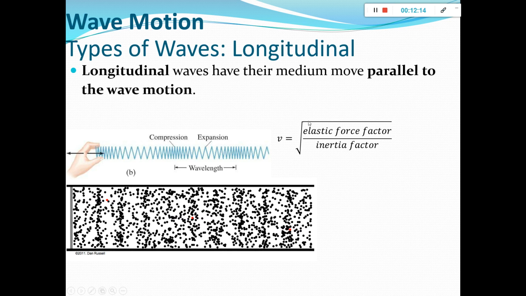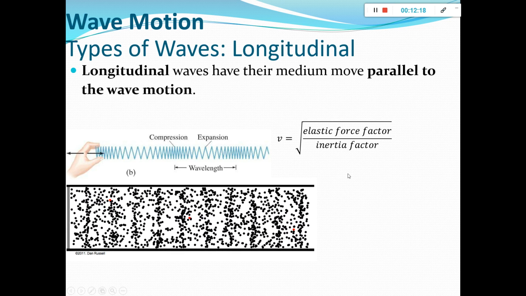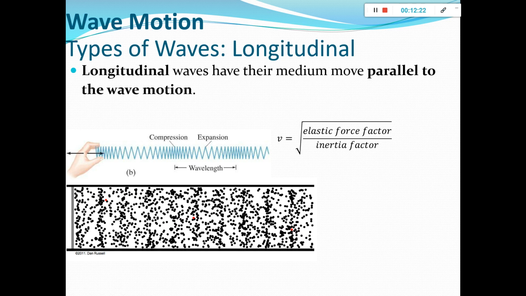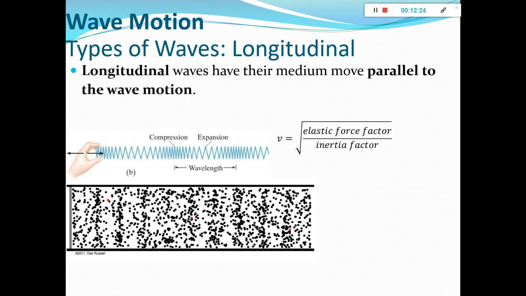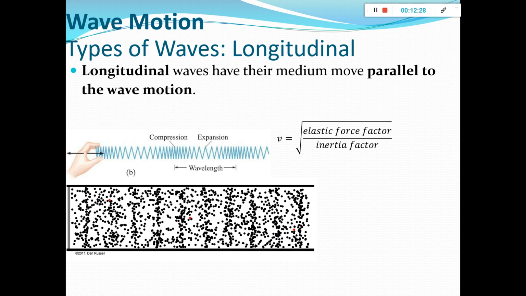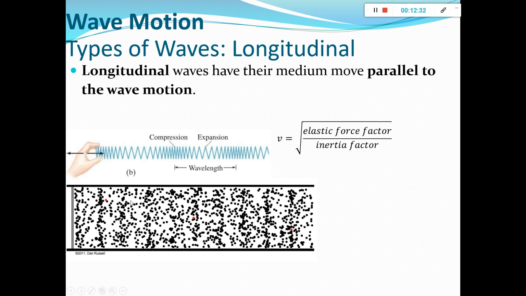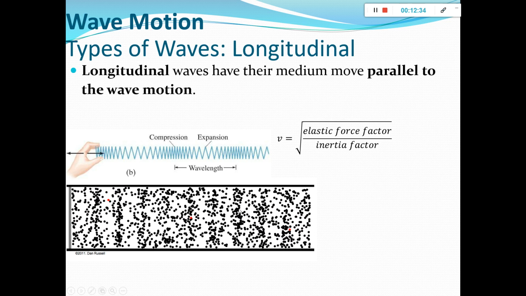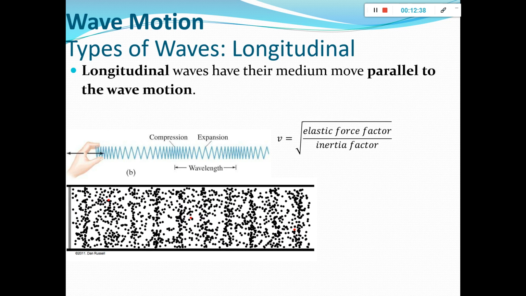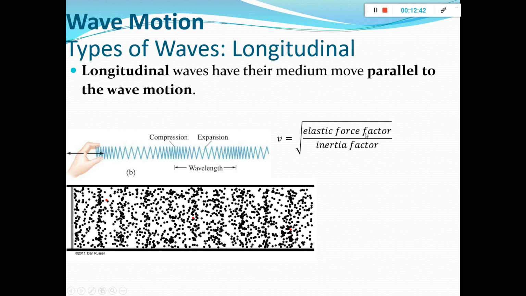we have to use this equation. If you think about it, this is very similar to the equation that we just got for the tension. If we think of the tension as being a factor of the medium itself, in this case for a longitudinal wave, since it's all about how the medium is able to compress and elongate, that's related to something similar to elasticity.